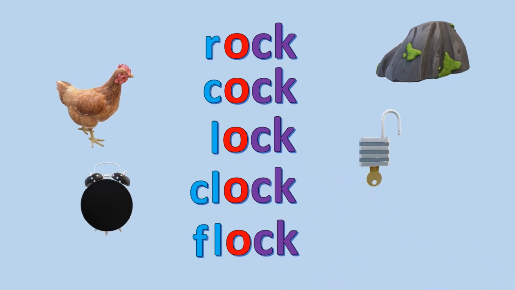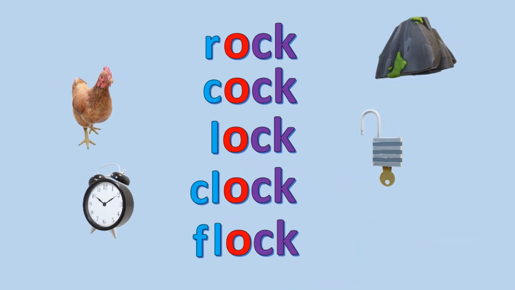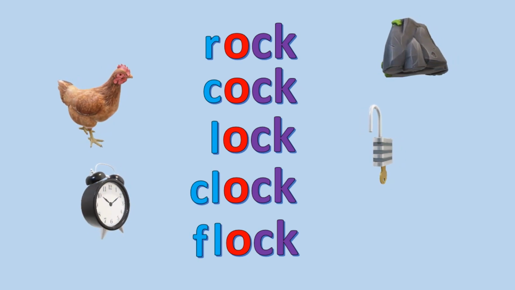The last word I want you to meet in this video is a small but important one. You already know the one-letter word a. The sound that the letter A makes in this word is uh.